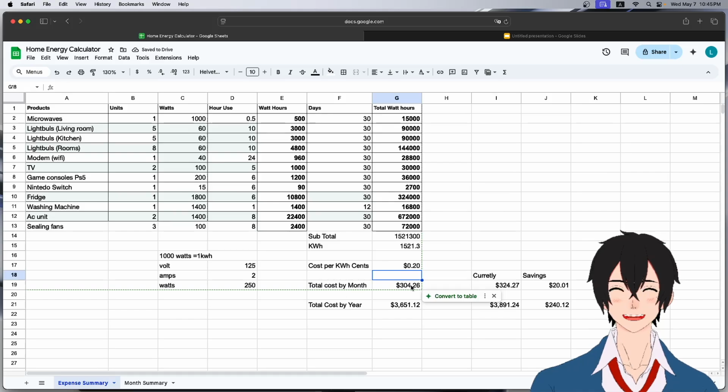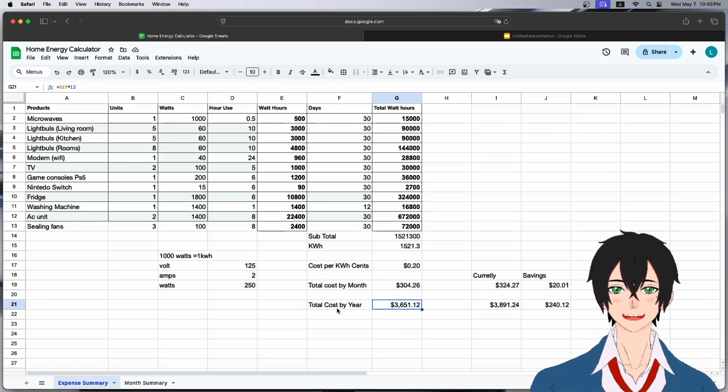Here this would be your total cost by month, which would be kilowatt hours times the cost per kilowatt in cents. So that's your total.